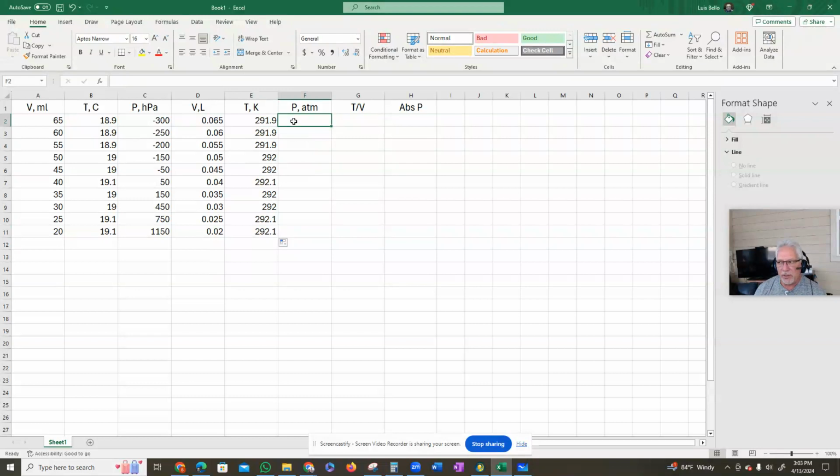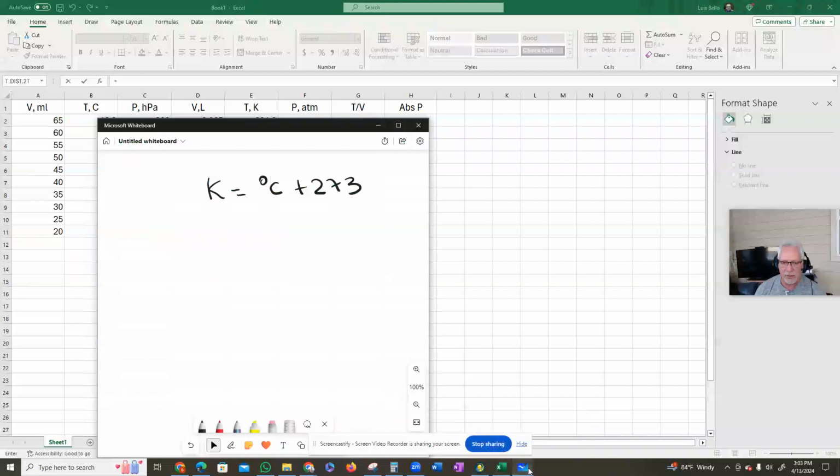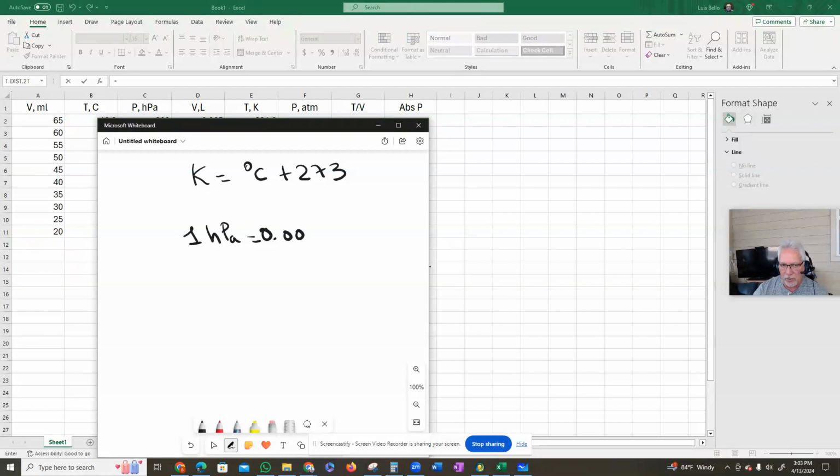The next thing will be converting pressure in hectopascal to pressure in atmosphere. And I have the conversion on the side here. Let me use my whiteboard again. They say in the conversion that I found that 1 hectopascal equals 0.000986 atm.